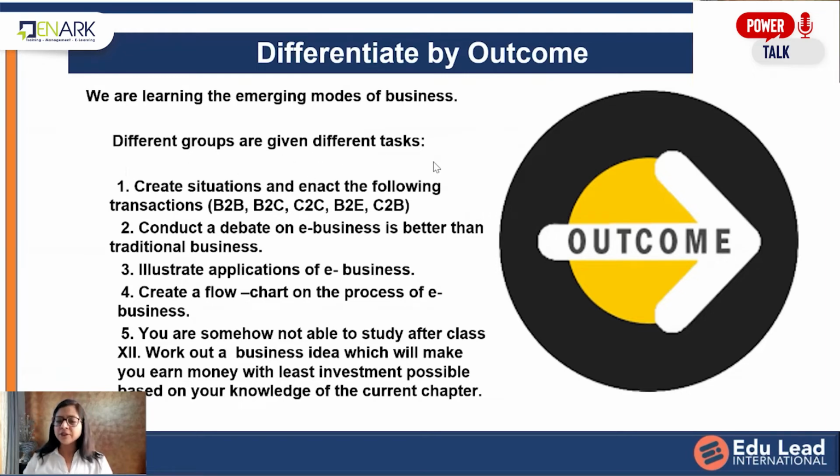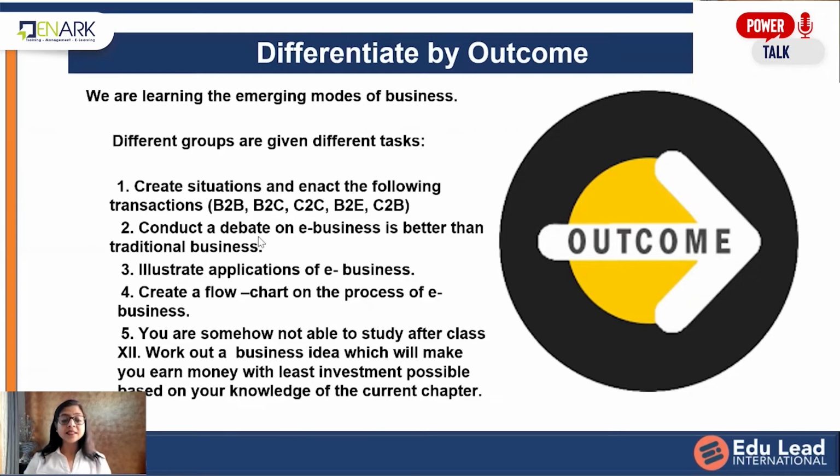So different groups are given different tasks. It's about the emerging modes of business. One group is being given a task of creating situations and enacting the following transactions: B2B, B2C, and C2C. So they are supposed to create these and enact them. Obviously people who are kinesthetic in nature, and people who are more creative in nature, are the ones who will be given this kind of task.